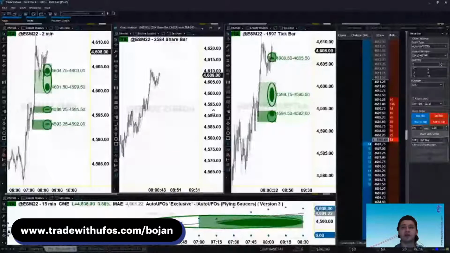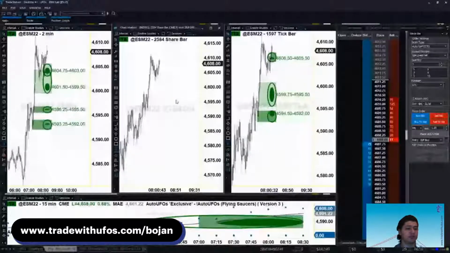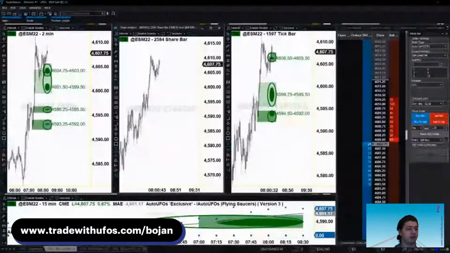I guess the share bar is not seeing any of this movement as enough for a UFO. I would have thought that there might be something here, but there wasn't. Nonetheless, we do have a UFO here that will most likely work.